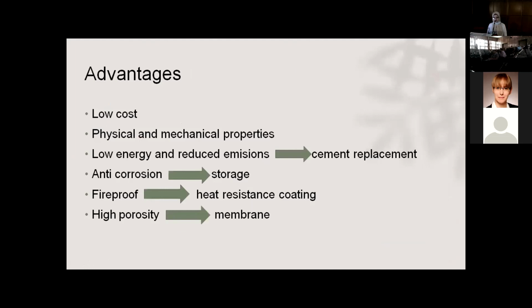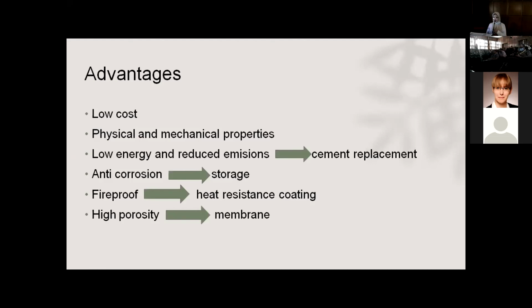Geopolymer has a lot of advantages that make it suitable for a variety of applications. Generally, it has low manufacturing cost because of the simplicity of its preparation. It has good physical and mechanical properties. It also has some criteria that make it suitable for specific applications.